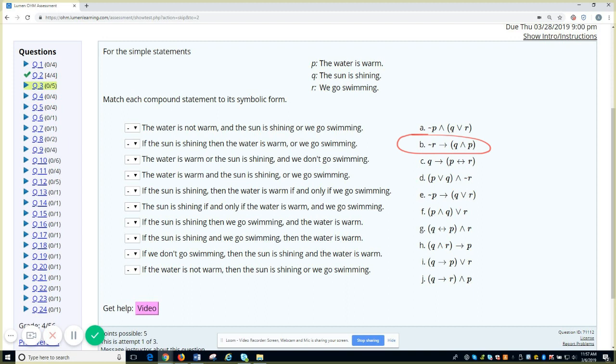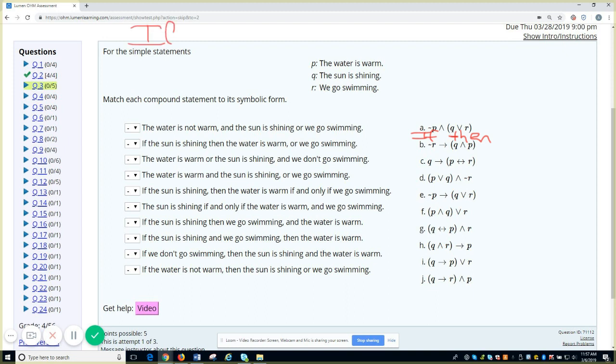This one is a little tricky, but the first thing that I would recognize is that I have the one-sided arrow. That means I'm going to add the word if in front of negated R, and I'm going to add the word then in front of Q and P. Let me write that so far.